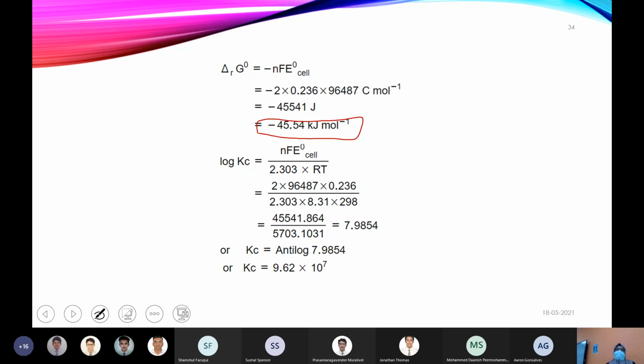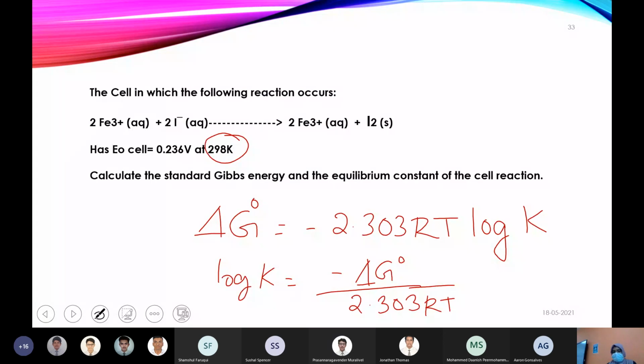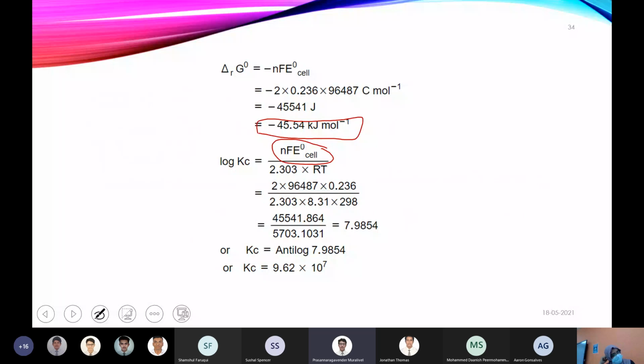See here, instead of delta G, they have taken nFE0. Don't get confused with this one. That's why I don't want to show it here. They have taken it as joules over here, because what is the unit of R? It is in joules, right? That is to make it equal. Otherwise, you have to convert R. Either conversion will be fine, but it will be easy if you convert in this way.